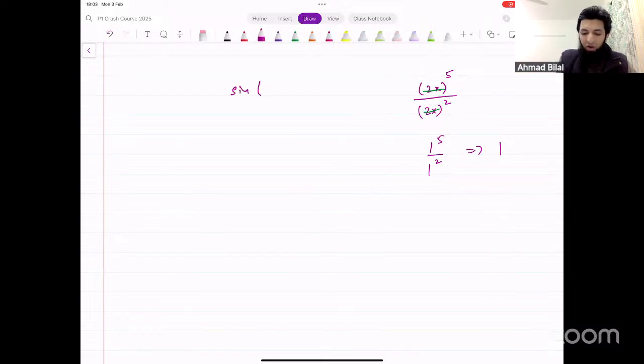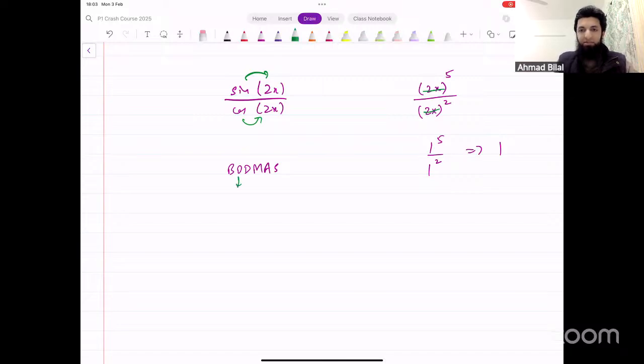Sine and cos are functions that are applying on 2x. You cannot do anything with 2x unless you first apply sine on this and you apply cos on this, right? You first have to apply these functions, and then you can do anything. If you remember BODMAS from your previous years, this O represents two things. It represents indices, that you have to evaluate first before you can do any division, multiplication, addition, subtraction.